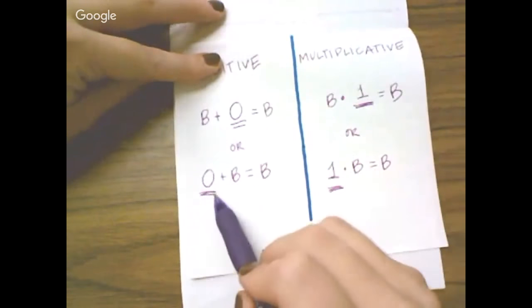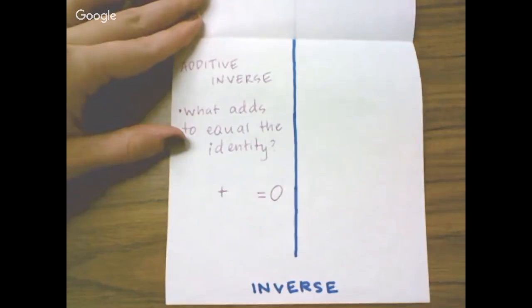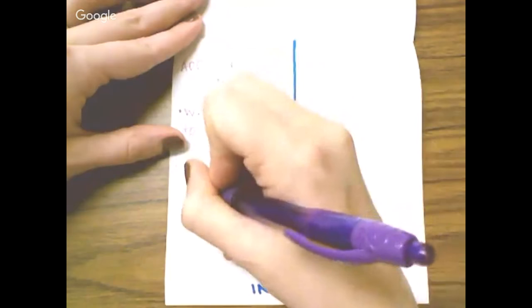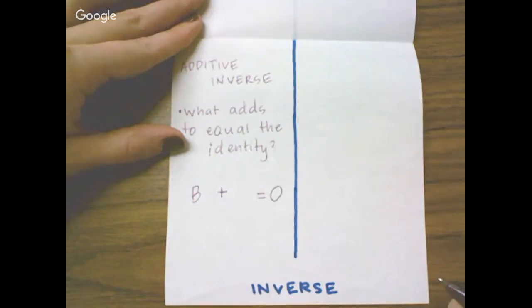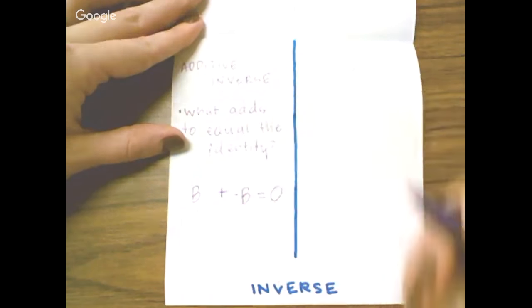Now, if I go back, my addition identity is 0. So in this case, if I'm given B, my inverse would be negative B.